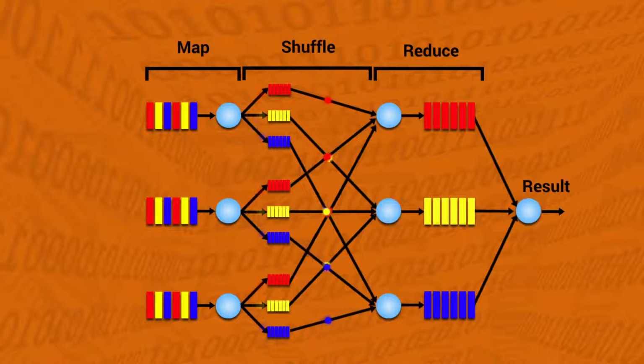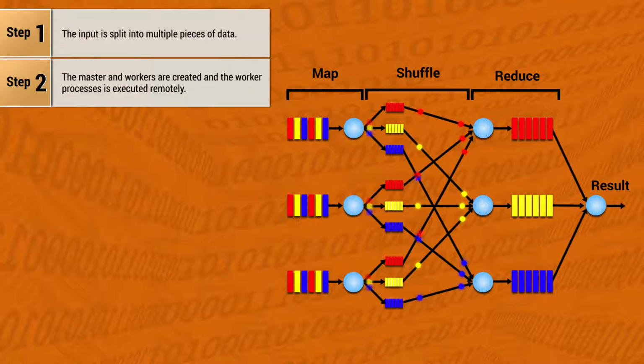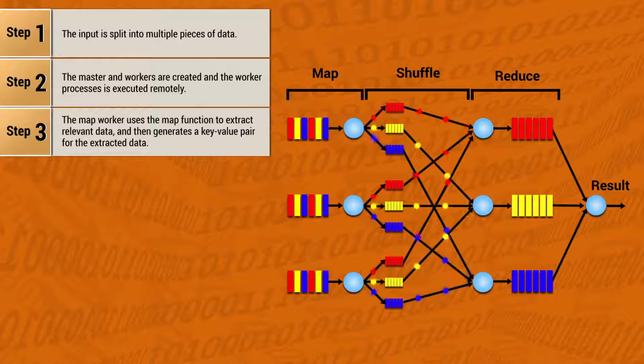MapReduce performs its tasks in a series of steps. First, the input is split into multiple pieces of data. Then the master and workers are created and the worker processes are executed remotely. Next, the map worker uses the map function to extract relevant data and then generates a key value pair for the extracted data.